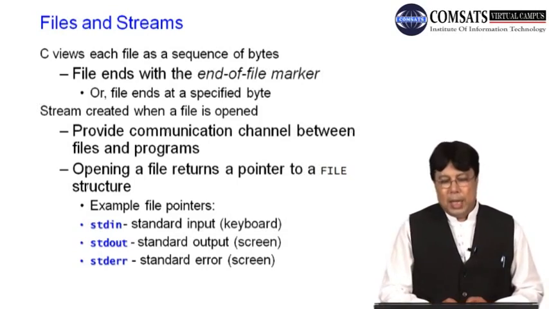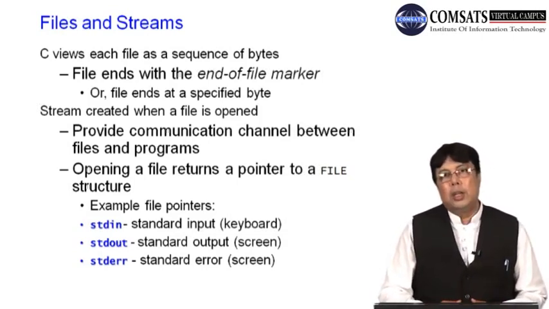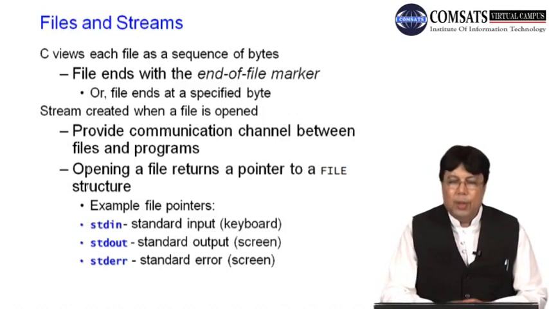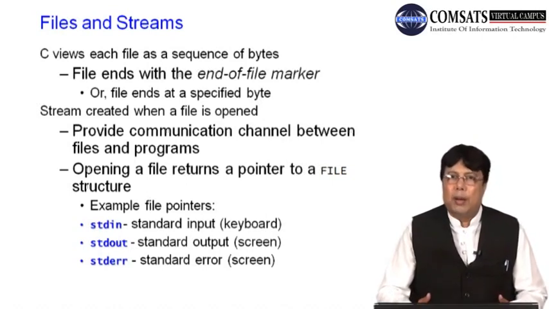So when we create a file, the system treats it as a stream created when a file is opened. Whenever we have to create a file, the first and most important step is to open a file.